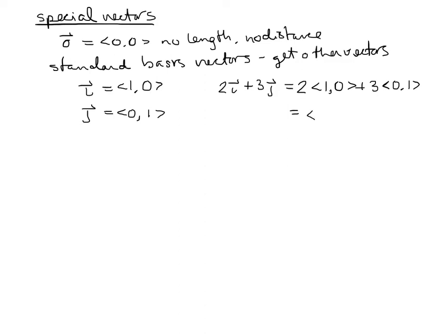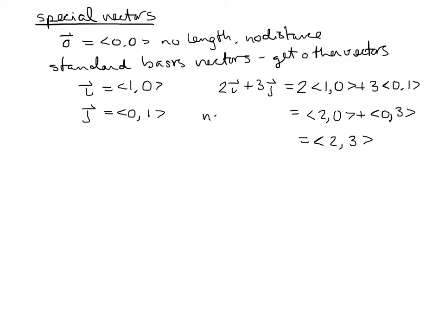So this would be multiplied through by the constants, 2, 0, and 0, 3, and then add those vectors together. 2 plus 0 is 2, 0 plus 3 is 3. And so notice you get the vector 2, 3 when you multiply by 2 and then 3 for the i and the j. So we could get any vector this way.